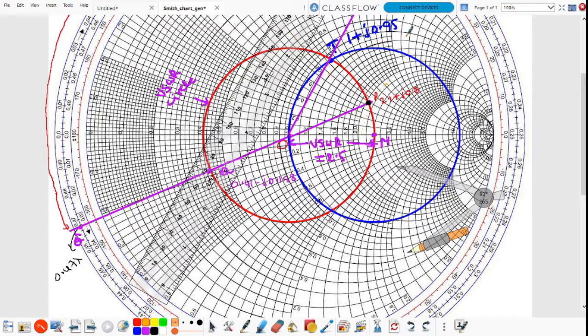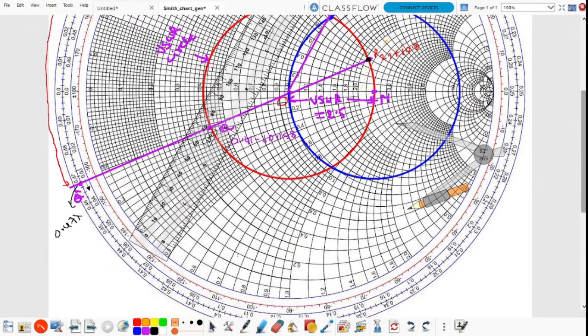The susceptance of the stub is equal to the negative value of the susceptance at point T. So what is the negative value of the susceptance at point T? That is minus 0.95, the negative susceptance value.